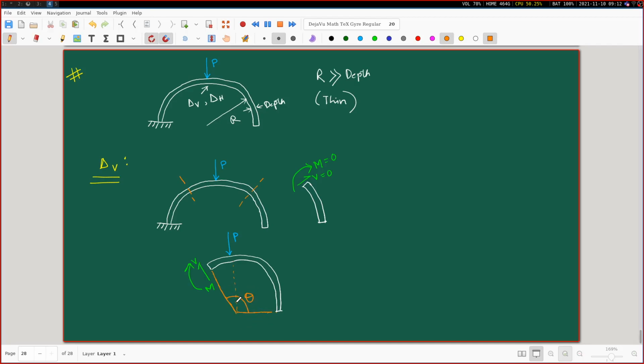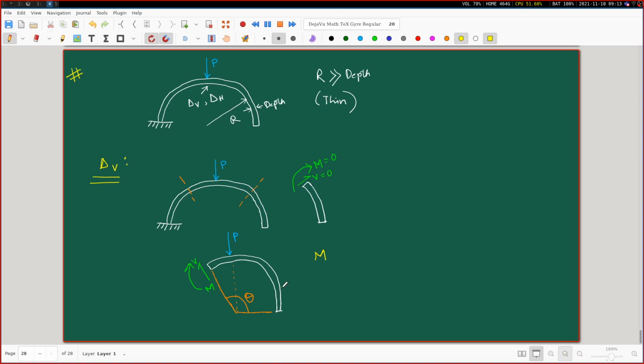So now you tell me what is the expression of this moment M, because that is our first job, in terms of this P. I want to do the moment balance about an axis which is passing through this end, where the cut section has been taken. Tell me the expression.